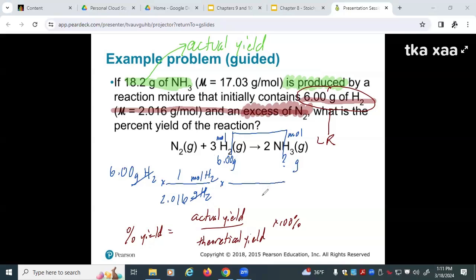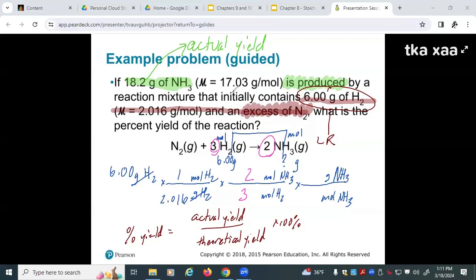My second task would be to turn the moles of hydrogen into moles of ammonia. For that, I would use the balanced chemical equation. So 3 from the hydrogen, 2 from the ammonia. And then finally, I'm going to turn my moles of ammonia into grams.